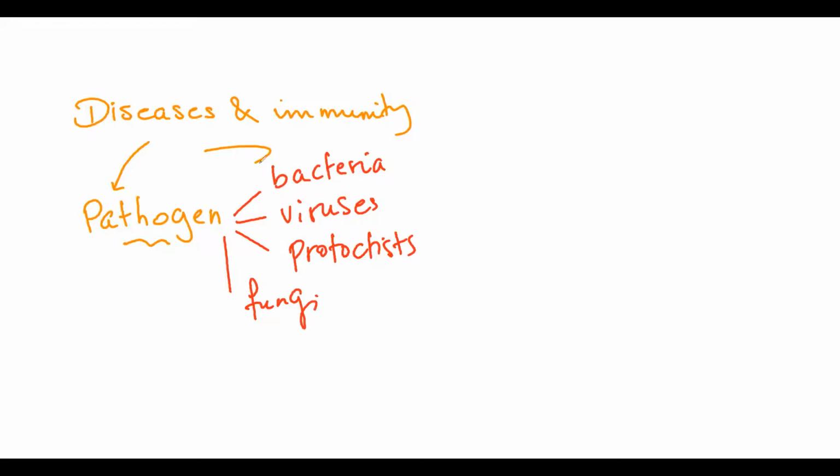There are certain types of diseases that can be transferred from one person to another, and these are called transmissible diseases. For example, influenza, common cold, TB, whatever. These are diseases that can be transferred from a patient to a healthy person.